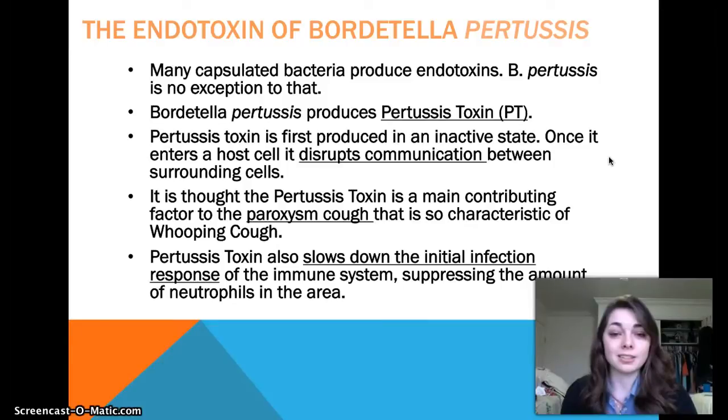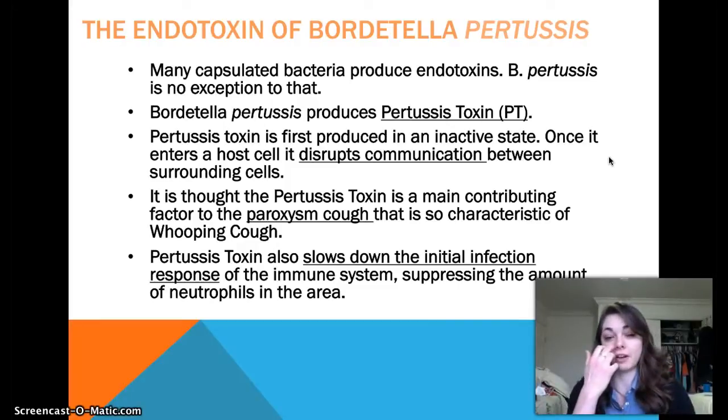This toxin disrupts the communication between the surrounding cells. It's thought, not for sure, that this toxin is really what's causing that distinctive cough of whooping cough. This toxin also slows down the initial infection response of your immune system.